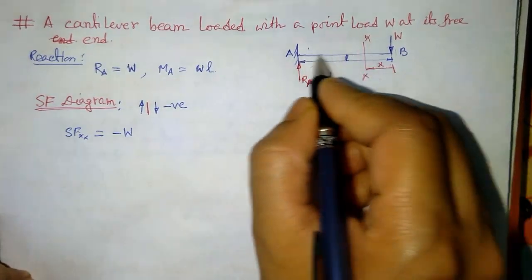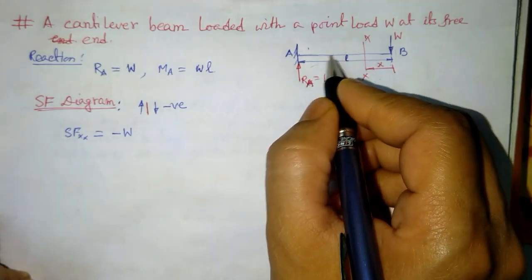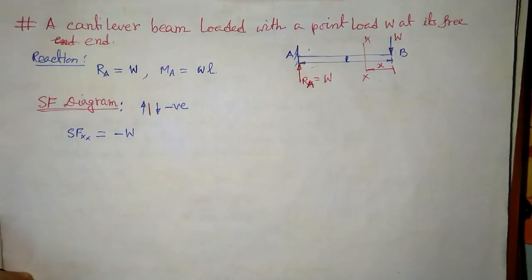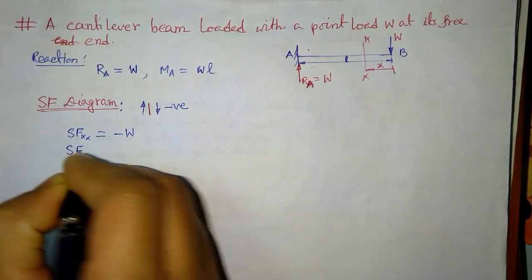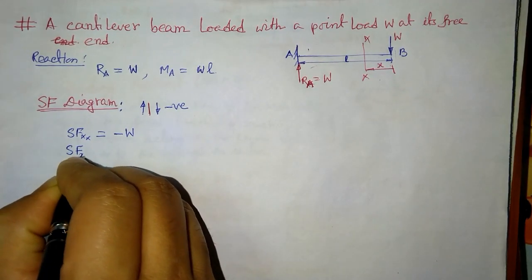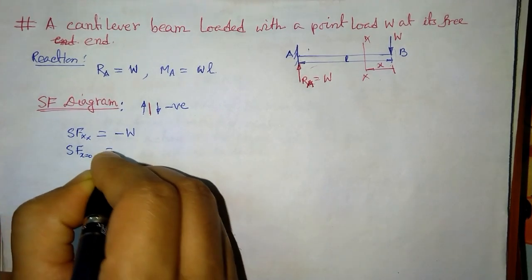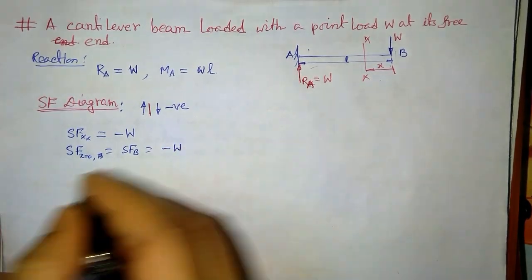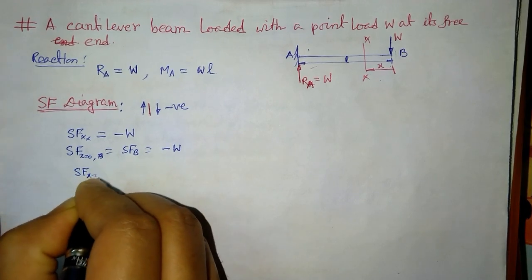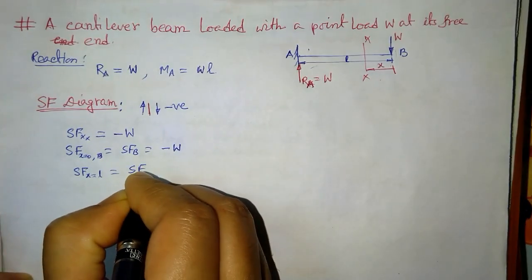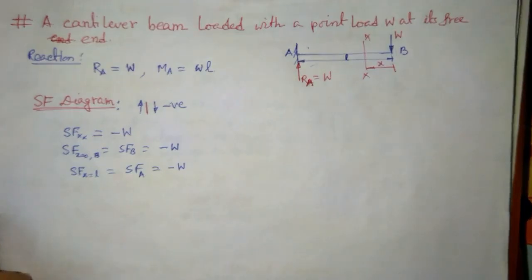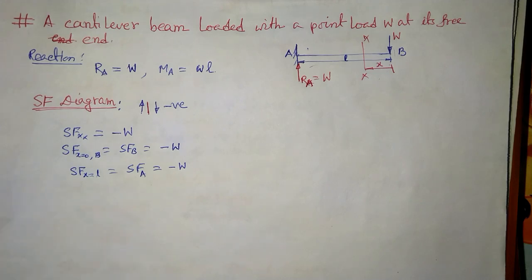In between there is no force, so we can say SF at X is minus W and it remains constant. So SF at x equal to 0, that is SFB, is minus W. Similarly SF at x equal to A, that is SFA, is also minus W.